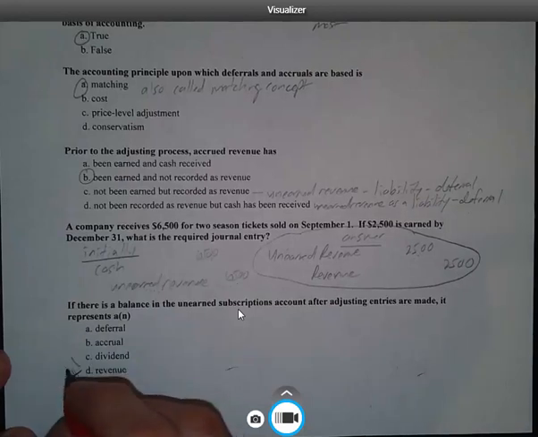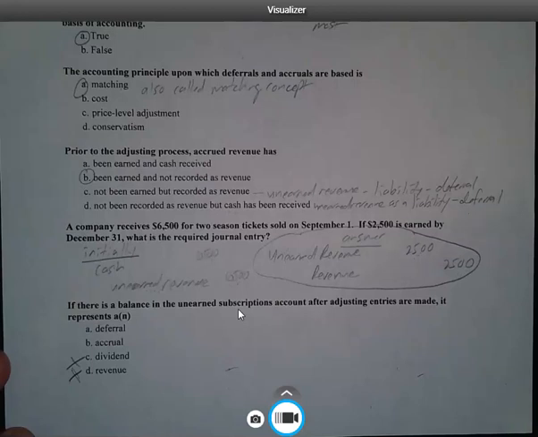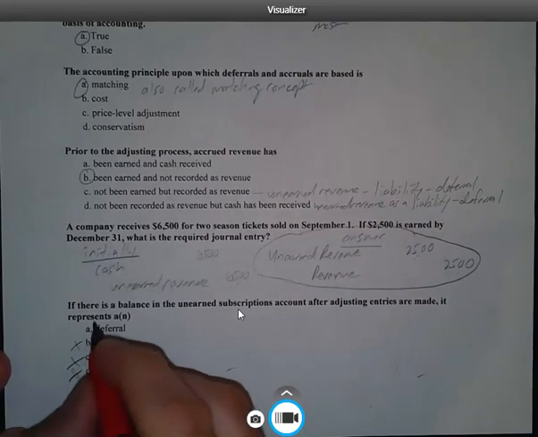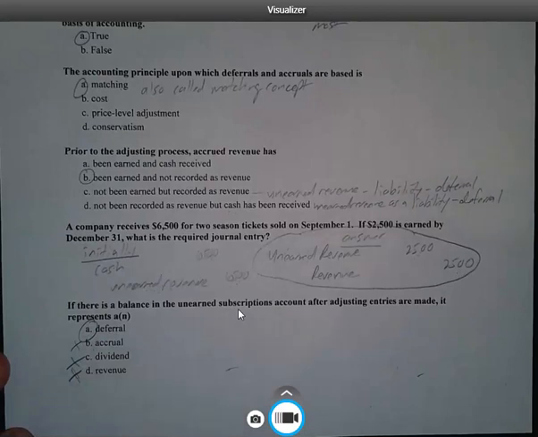It's certainly not a dividend. So is it a deferral or is it an accrual? Well, let's think about this. We are waiting or deferring the recognition of that unearned revenue to count it as an actual revenue. We haven't counted it yet. So we are deferring the revenue recognition.